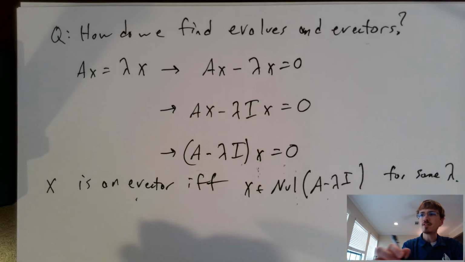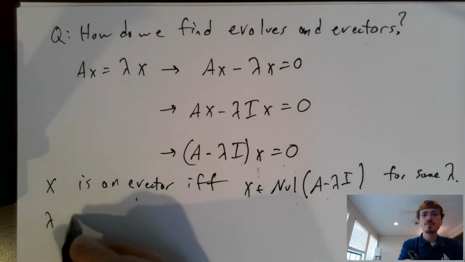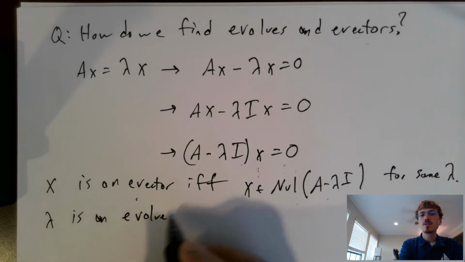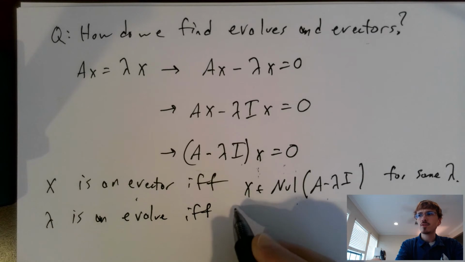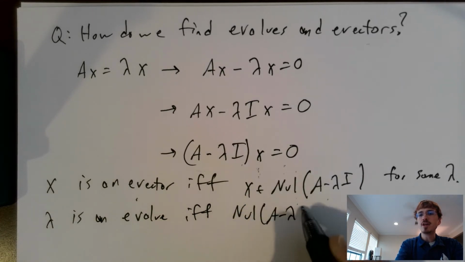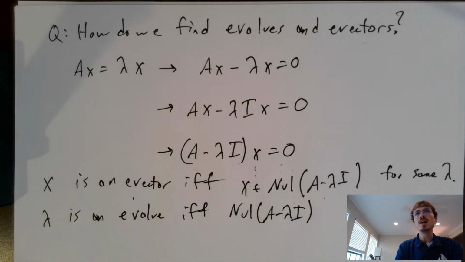So when do we have an eigenvalue? What must be true about the null space of this funny matrix A minus lambda I?